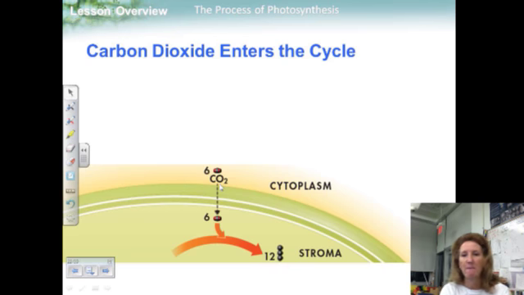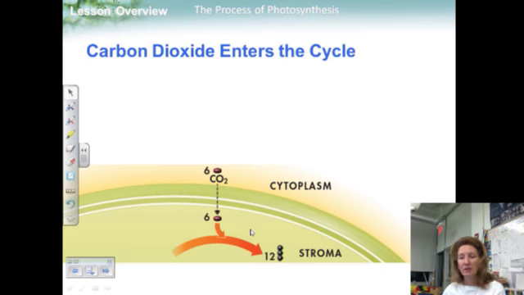All right. Carbon dioxide molecules enter the Calvin cycle from the atmosphere. An enzyme in the stroma of the chloroplast combines carbon dioxide molecules with, there's an enzyme right here, the 5 carbon compounds that are already present in the organelle. And they're present there because they were already made previously. It's a cycle.